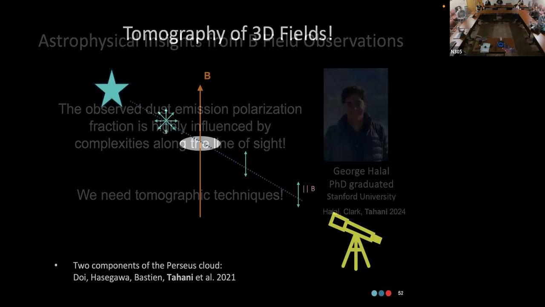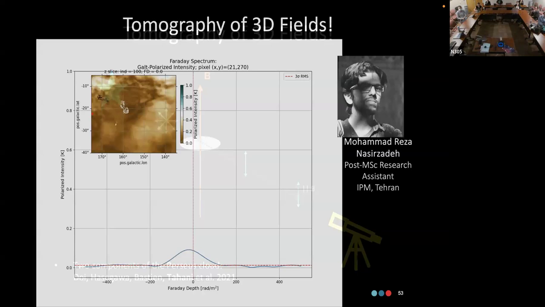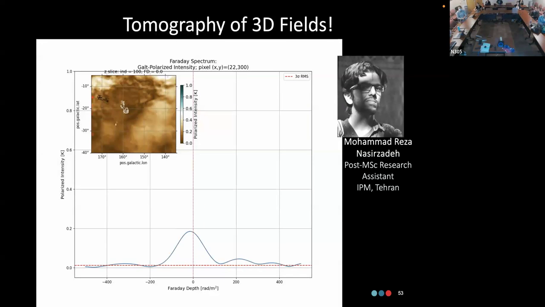One tomographic technique that I mentioned was with optical or near-infrared observations using starlight polarization. For example, in Doi et al., we found a two-component magnetic field associated with the Perseus cloud. And we also have Faraday tomographic observations.